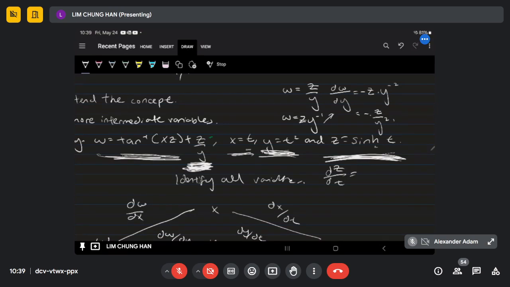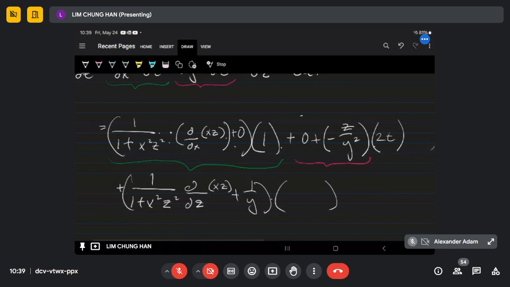What is sinh t? Can you Google? What do you get when you differentiate sine with an h at the back? Cosh t. It's just cosh t. Yeah.